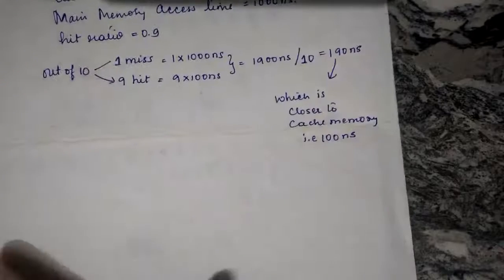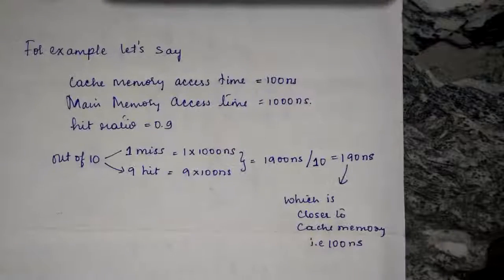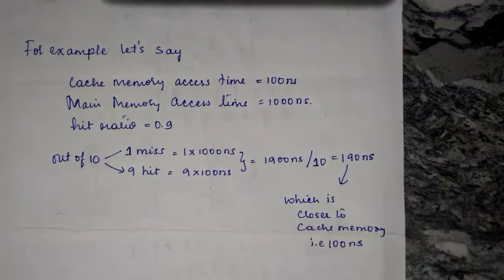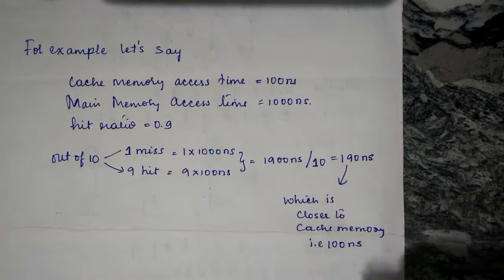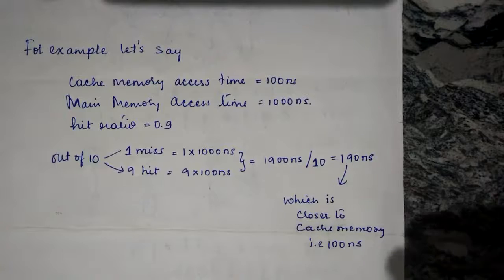Now let's take one example to illustrate this. Let's say we have taken the cache memory access time as 100 nanoseconds, the main memory access time as 1000 nanoseconds, and the hit ratio as 0.9. Out of 10 references we have 1 miss and 9 hits.